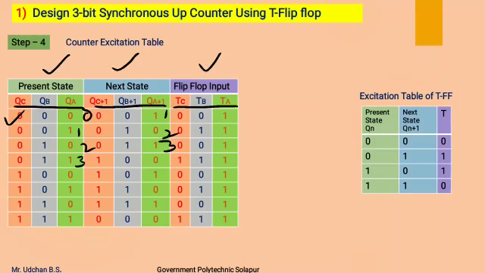Present state is 3, its next state will be 4, which is written as 100. Present state is 4, its next state will be 5, which is denoted as 101.